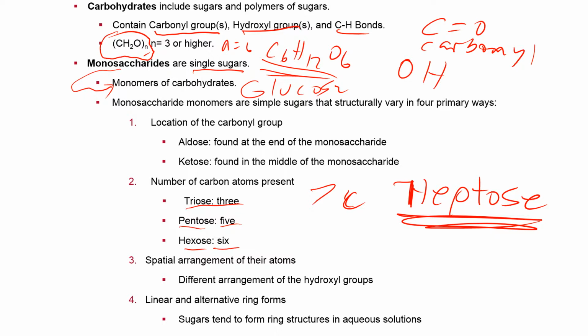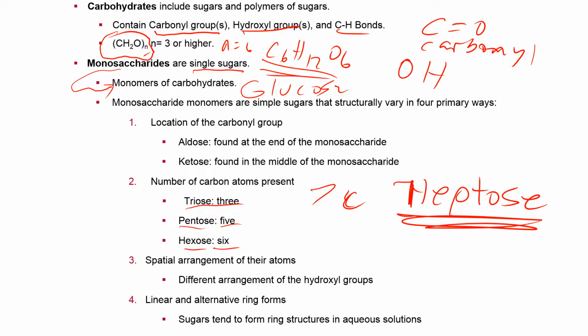Now, these monosaccharides have a spatial arrangement to their atoms, and you can have different arrangements of hydroxyl groups, which we'll get to. Your monosaccharides can also exist in a linear as well as a ringed, or cyclic, form.